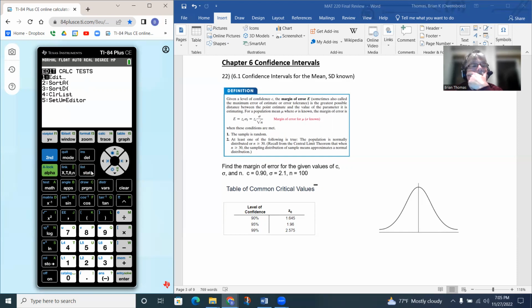Let's see here. We're getting lost already. Second distribution, number 3. I guess maybe let's put the 2.1 in there. I don't know. I'm not really sure about that now.